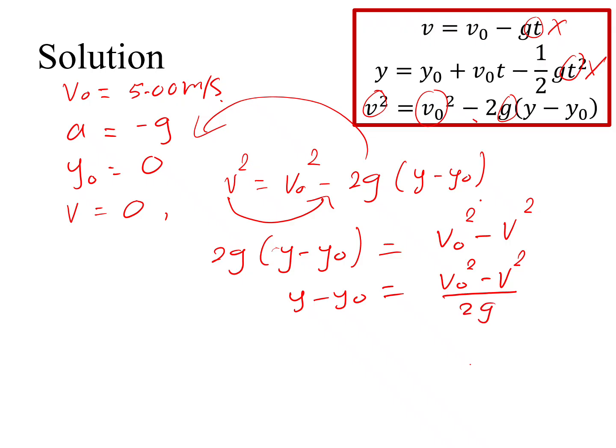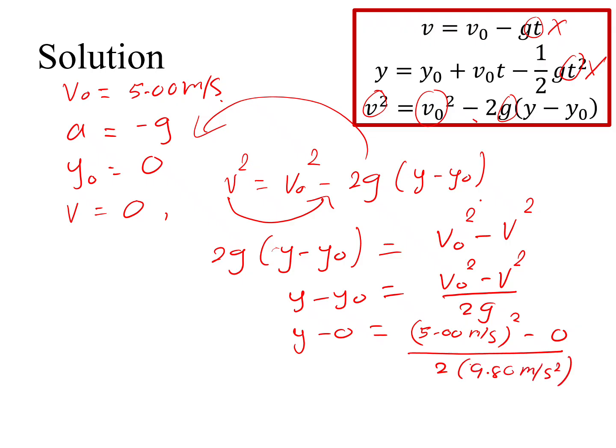So let's substitute the values. So y minus 0 equals (5 meters per second) squared minus 0, divided by 2 times 9.8 meters per second squared.